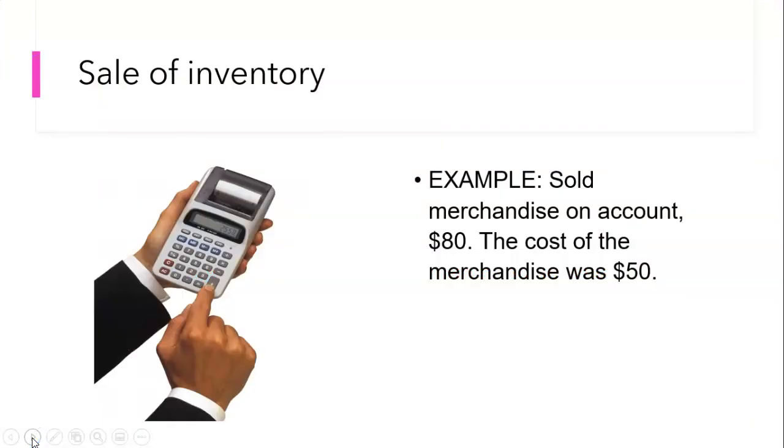What about when we sell the inventory? Here's an example. If we sold merchandise on account for $80 and we figured out that the original cost to us of that particular piece of merchandise inventory was $50.